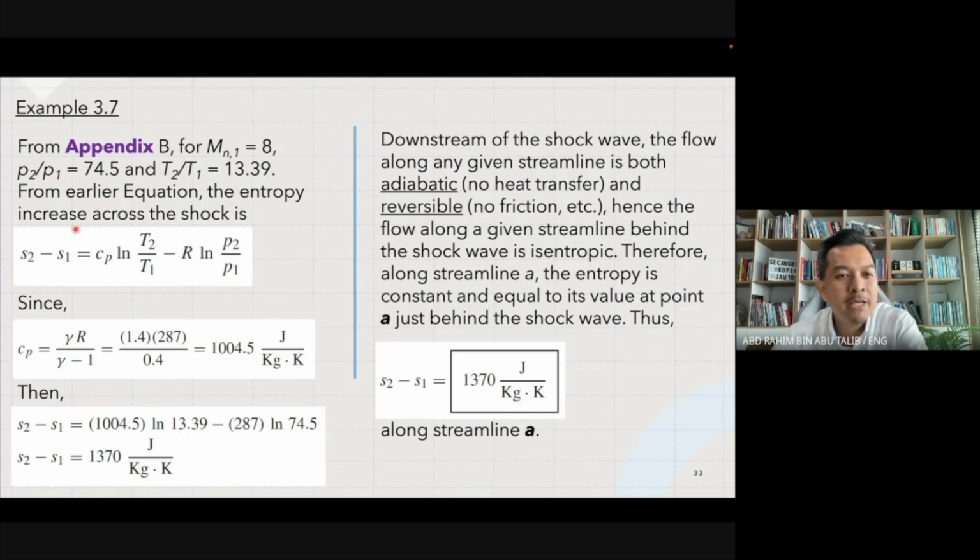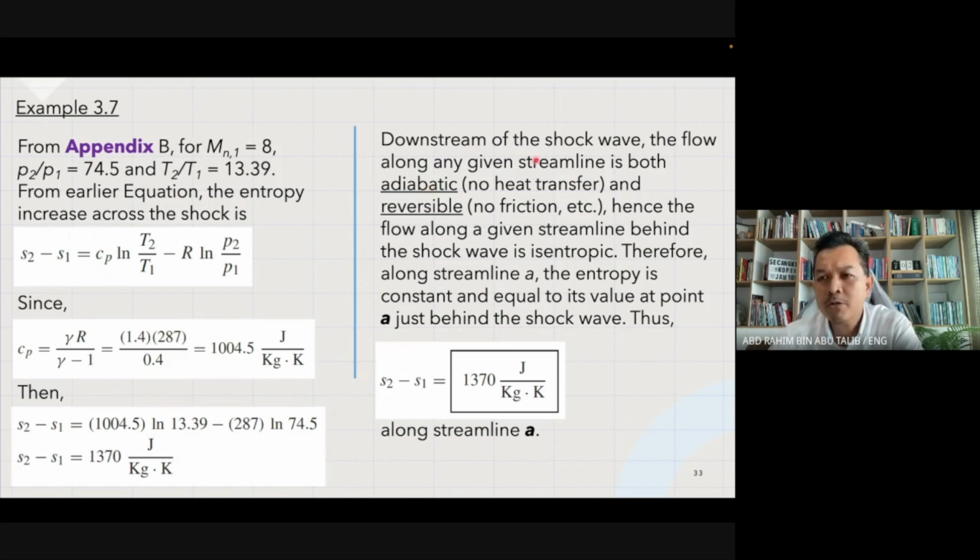The entropy increase across the shock is given by this expression. Since we know that Cp equals gamma R over gamma minus 1, putting down the numbers, you will get Cp to become 1004.5 joule per kilogram Kelvin. Then put the Cp value inside the expression, and you will get S2 minus S1 equal to 1370 joule per kilogram Kelvin.